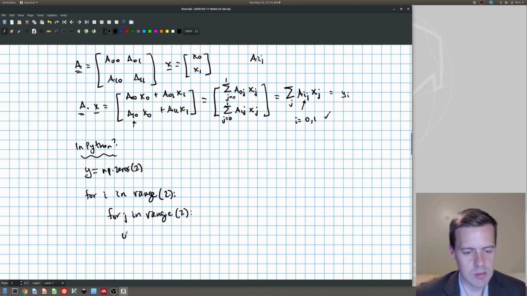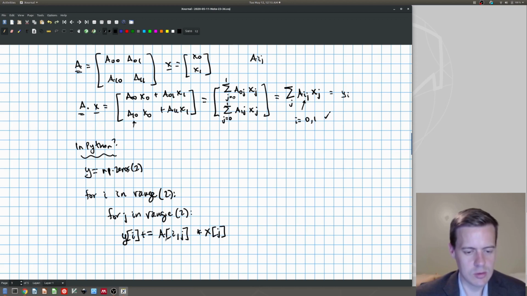Now how am I going to solve this? I'm going to have y of bracket i is equal to a bracket i comma j multiplied by x j. And I made a mistake, so I'm going to go back and fix it right now. I need to make sure that this is a plus equals. So let me get that back.